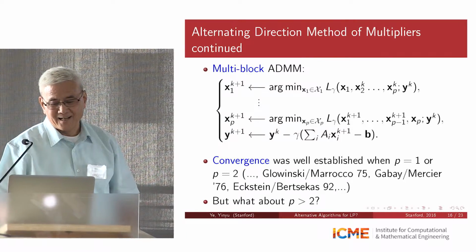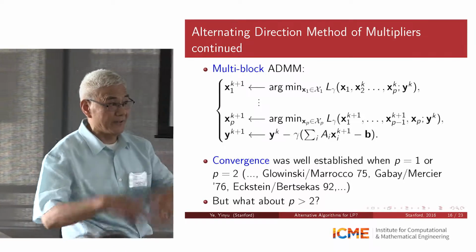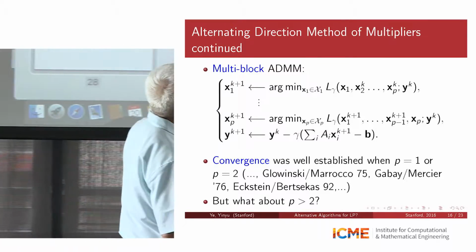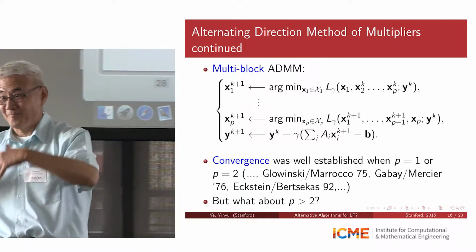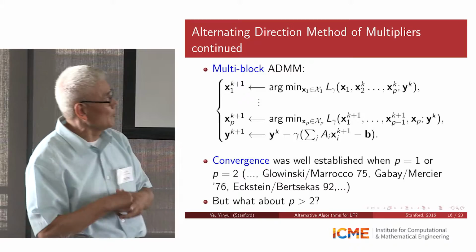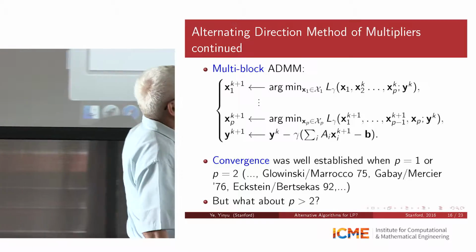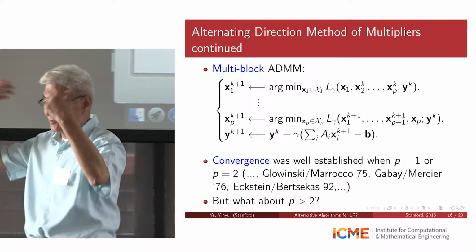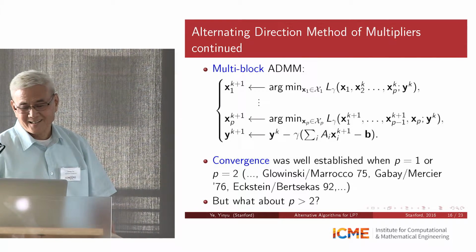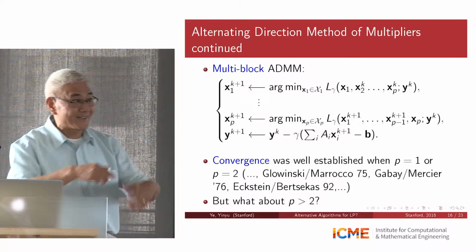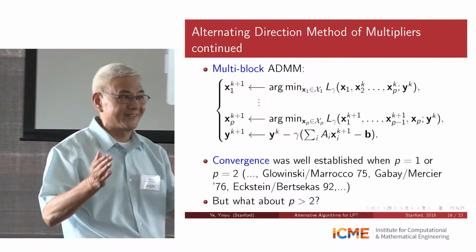It has a very nice theoretical result proven if you only have two blocks. For example, if you have a billion variables, you break them into two blocks, and it works beautifully. You can prove convergence, reaching the target. However, breaking that one billion variables into two blocks doesn't help me much.